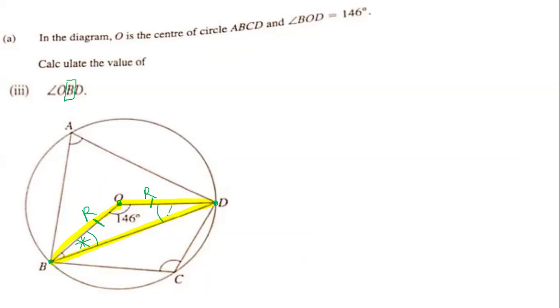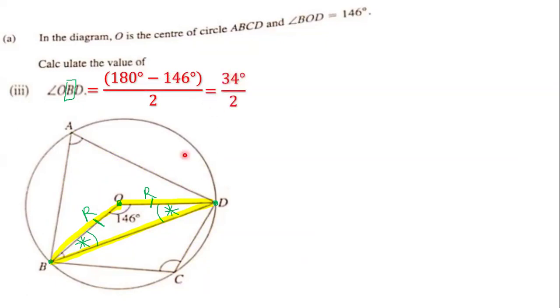If two sides of this triangle are equal, then the two angles are equal, which means that whatever this angle is, this angle must be the same. These two angles are equal because two sides are equal and we're dealing with an isosceles triangle. But what do we know about the angles inside a triangle? Well, the angles inside a triangle add up to 180 degrees. So we take 180 and subtract 146, and that gives us 34.